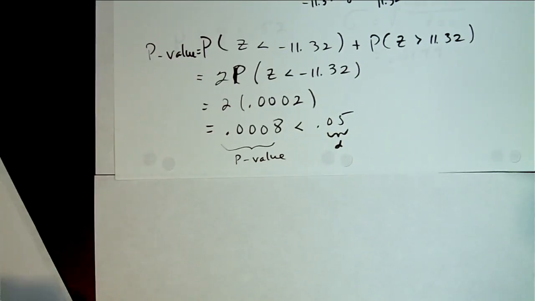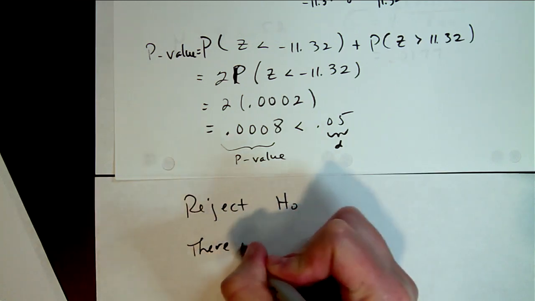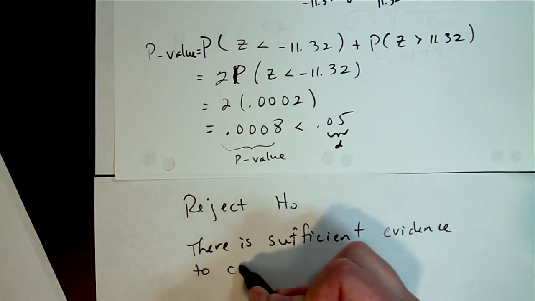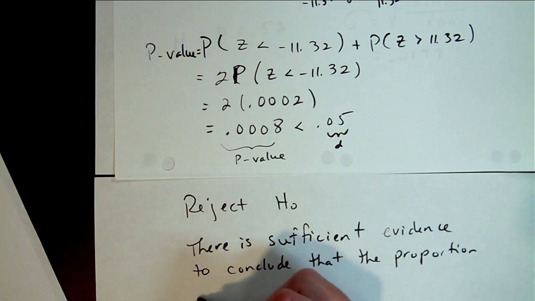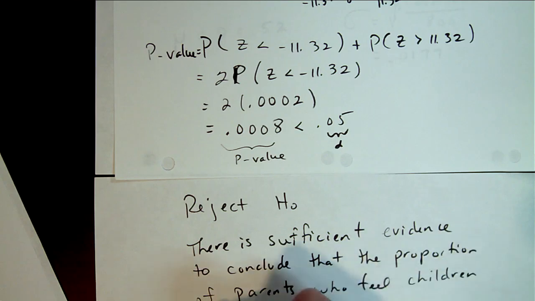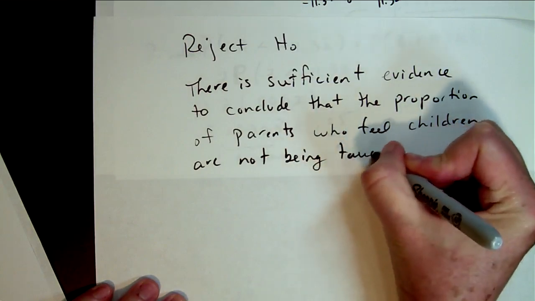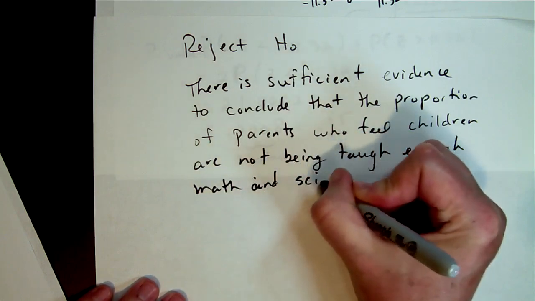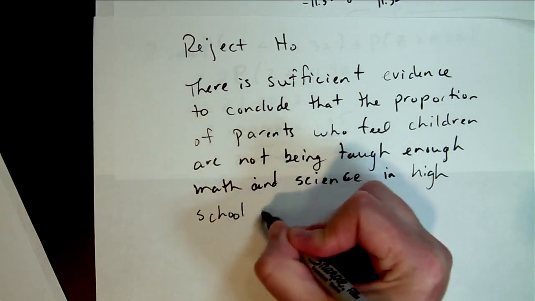Okay, so p-value less than level of significance, reject H naught, and we conclude then that there is sufficient evidence to conclude that the proportion of parents who feel children are not being taught enough math and science in high school is different today.